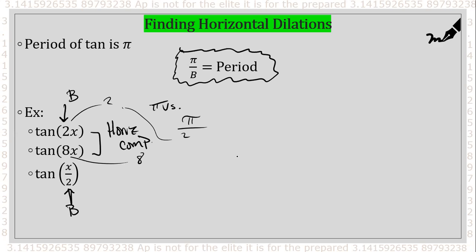Okay, the same goes for the other one, pi over 8. You will compress it more times. Versus this right here, a horizontal stretch, we have pi divided by 1/2, which is now, hey, I made this way bigger than what it was, right? I horizontally stretched.